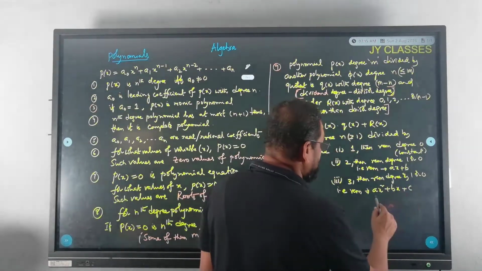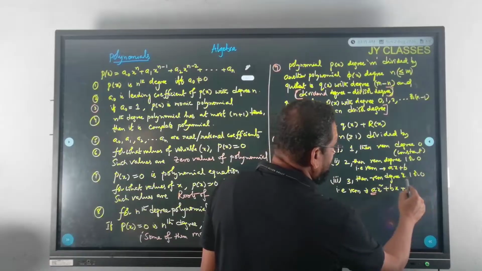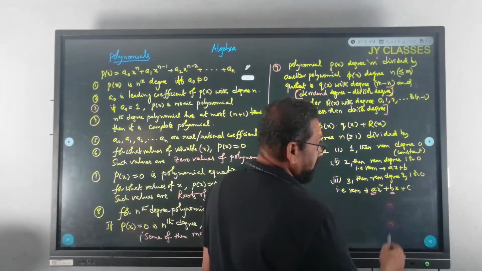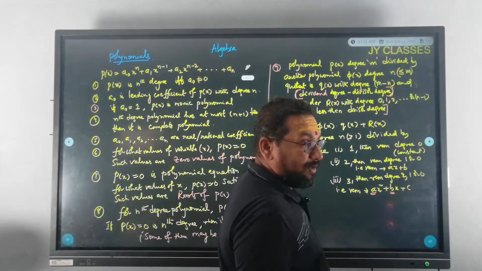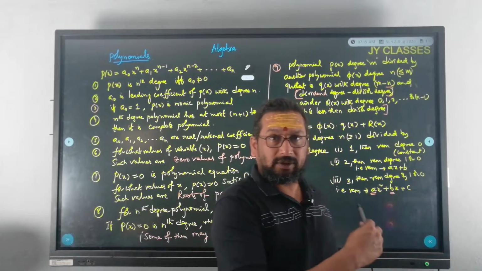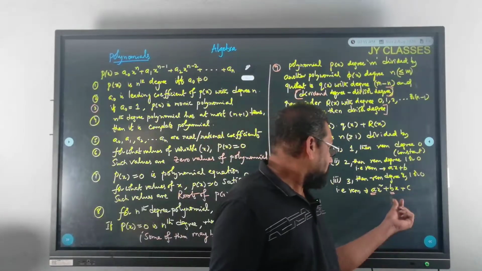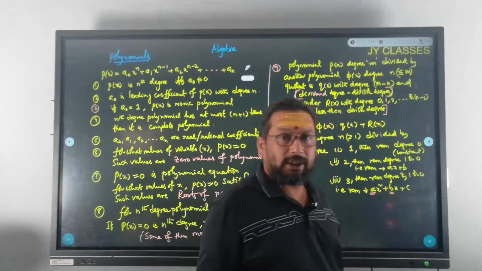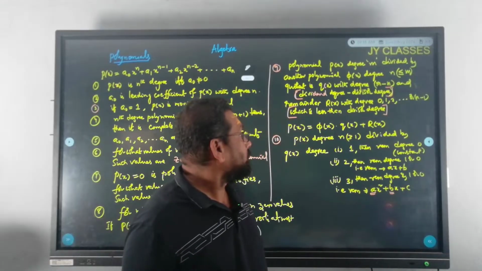If degree 1, this one is 0; if degree 0, this one and this one are 0; if degree 2, the x square coefficient is not equal to 0.